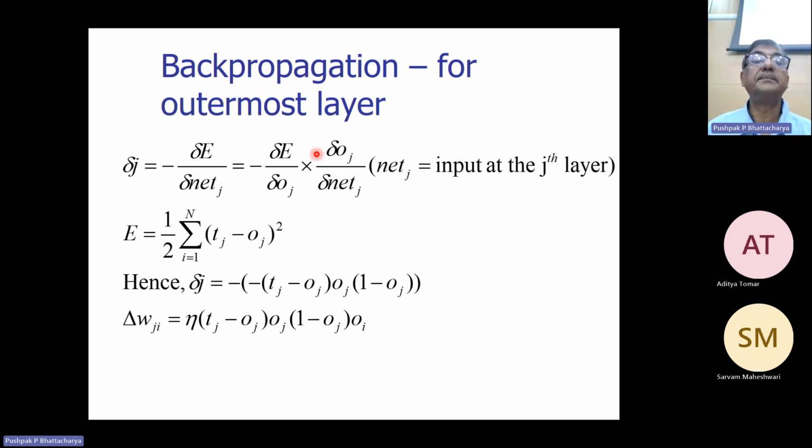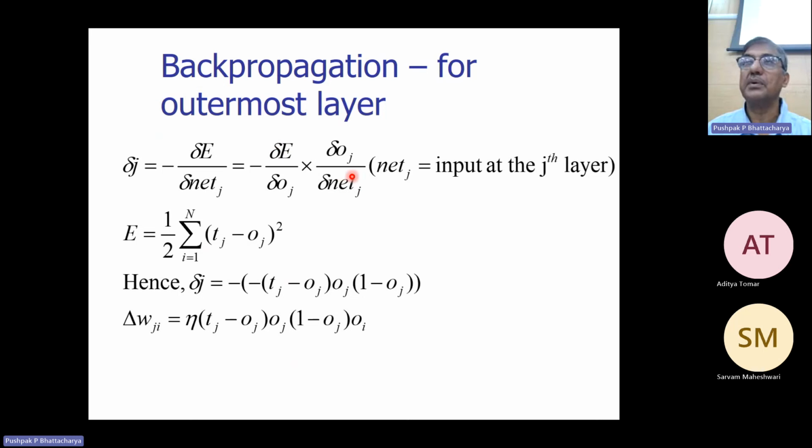Now we can use this general expression for finding out the weight change in the outermost layer. In the outermost layer, we are interested in this quantity delta J, which is minus delta E by delta net J. This can be written as minus delta E by delta OJ into delta OJ by delta net J, because E does not depend on net J directly.